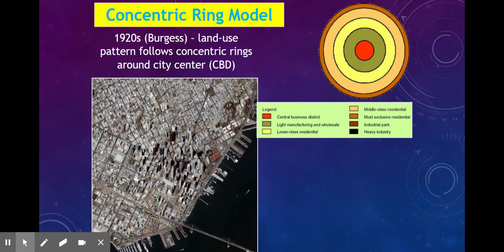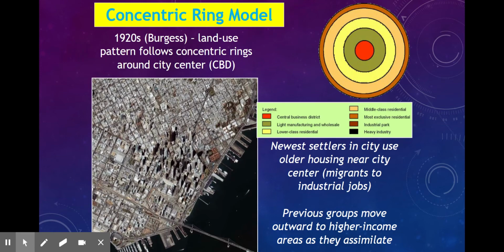And then the further you get out from the city, the more likely you are to have exclusive residential areas. So we have the middle class ring, and then the most exclusive residential areas. Those were probably the only people that had cars, although the automobile diffused pretty extensively to the middle classes by the mid 1920s, early 1930s. So that's the concentric zone model.